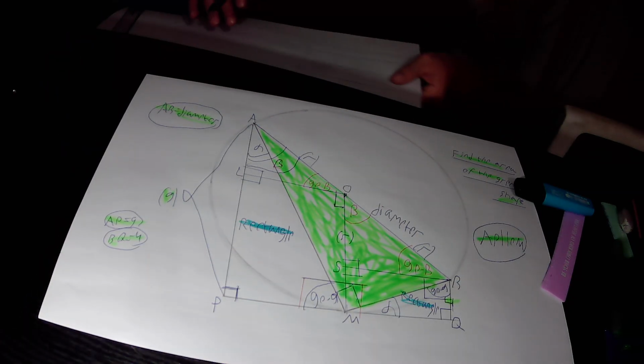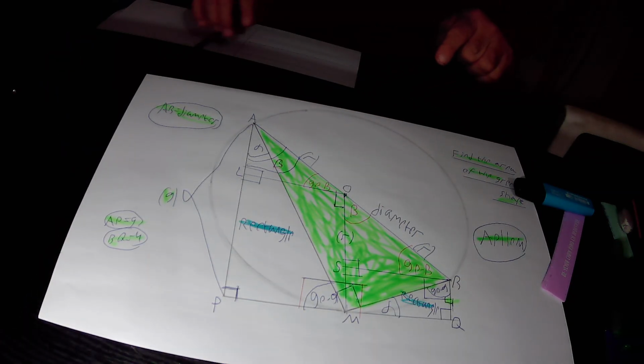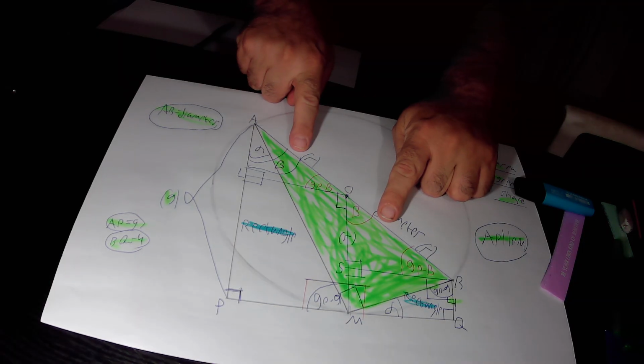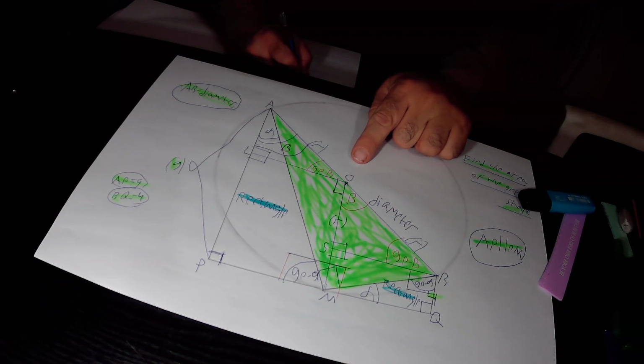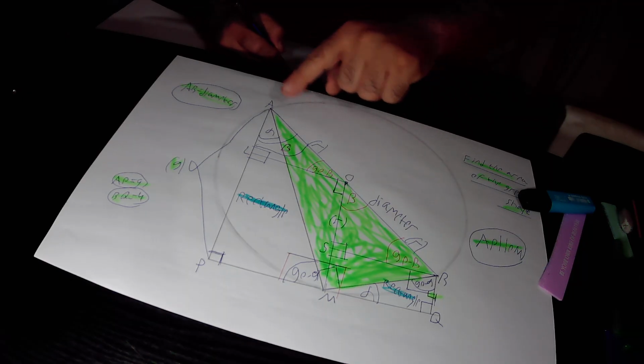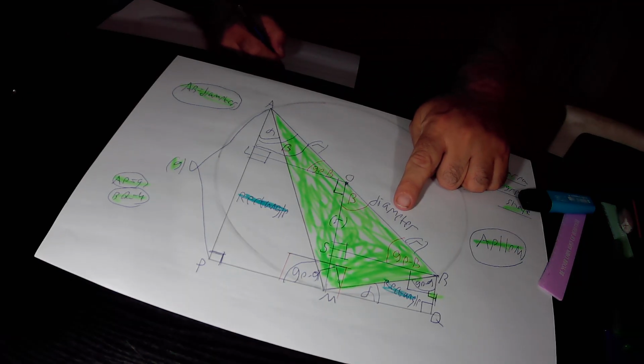In addition, those two sides are both the radius of the circle, and therefore they are equal to each other. This is to say, side AO of the right triangle ALO is equal to side OB of the right triangle OSB.